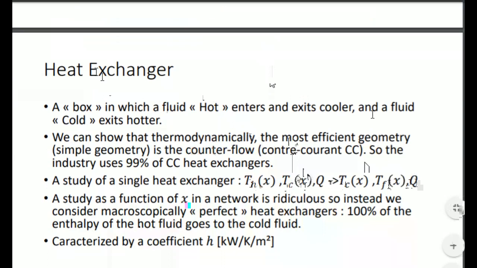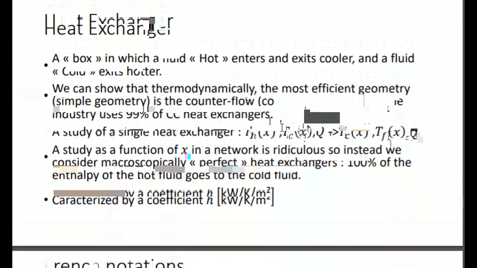So we have a modelization for one exchanger. Unfortunately, we are dealing with a network of heat exchangers, and we can't study the temperature as a function of x. It's ridiculous. So we will suppose at first that 100% of the enthalpy of the hot fluid goes to the cold fluid, which is a very big assumption.